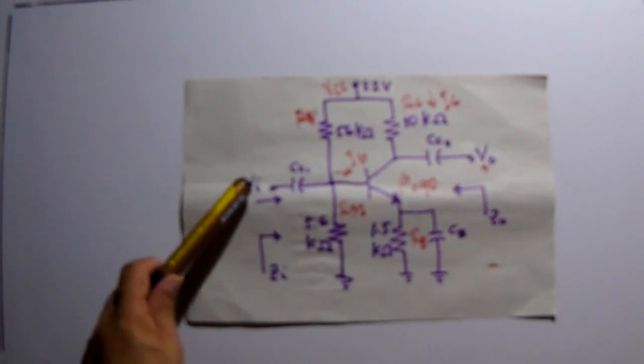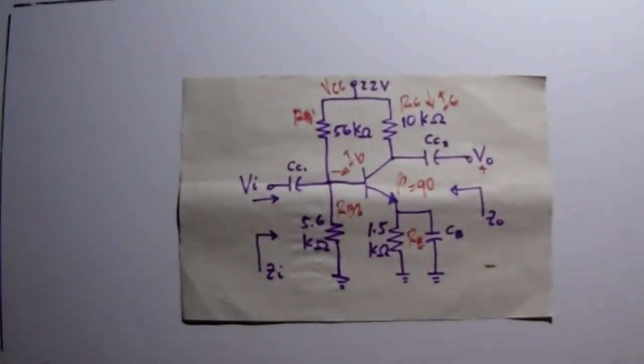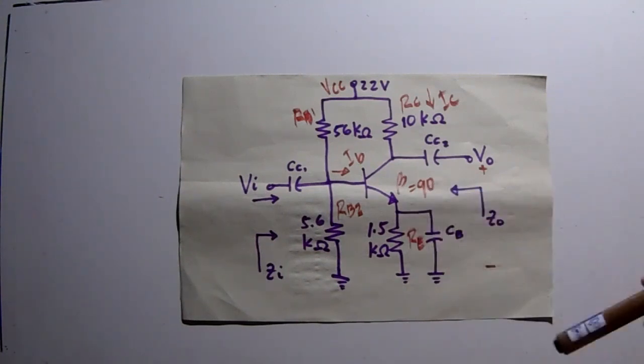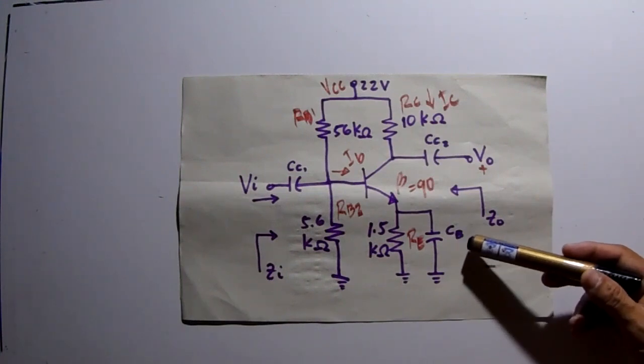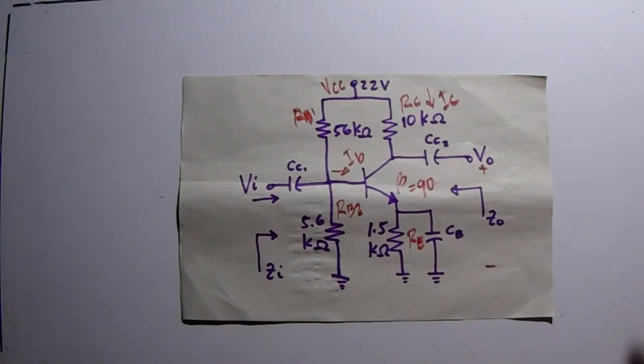This is our input voltage and our output voltage with polarity shown, and we are looking at this point our Zi, and at this point our Zo, the input impedance and output impedance. The beta of our transistor is equal to 90. Notice that RE is bypassed by the bypass capacitor, and we have two coupling capacitors CC1 and CC2.